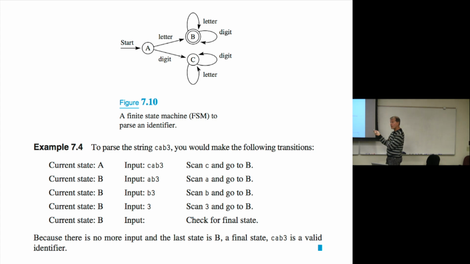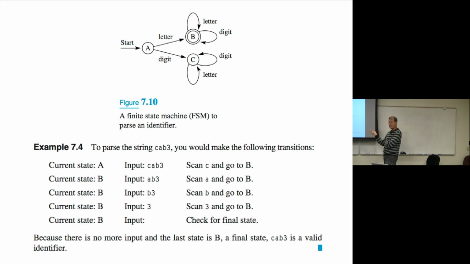Because what are the states? How many states does this machine have? 3. What is the label of the states? A, B, and C. So there are 3. Is 3 finite? Yeah, 3 is a finite number. So therefore, this is a machine with a finite number of states. That's why it's called a finite state machine.